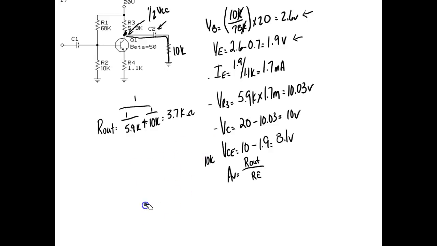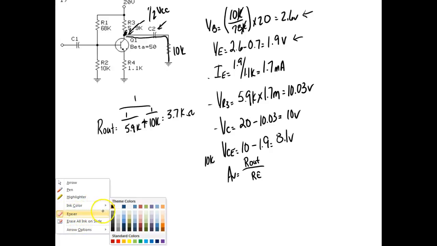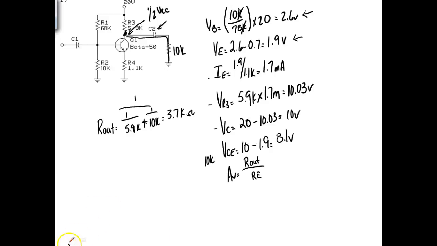So now I can calculate the gain. The gain would be equal to R out, which would be 3.7K, divided by RE, which is 1.1K. Of course, K is going to cancel out, so we're not going to get a lot of gain out of this thing, but we don't expect that, right?